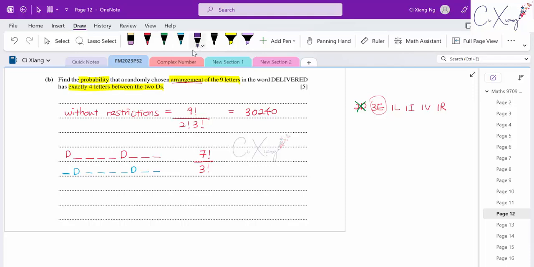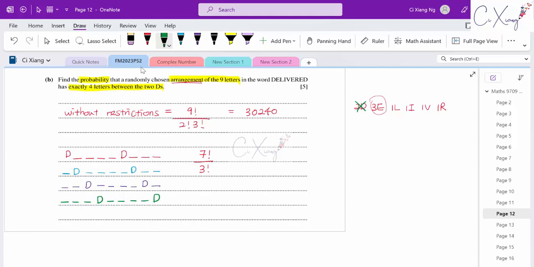And if you try to consider more cases, my D can also be in the 3rd position and the 8th position, 3, 4, 5, 6, 7, 8, and you are having the D with 4 letters in between. And lastly, you can also have your D in the 4th position and the last position, where it is still considered as a case where D is having 4 letters between them.